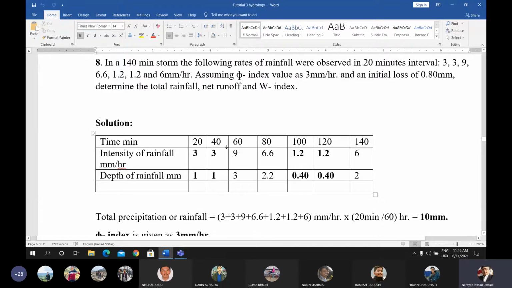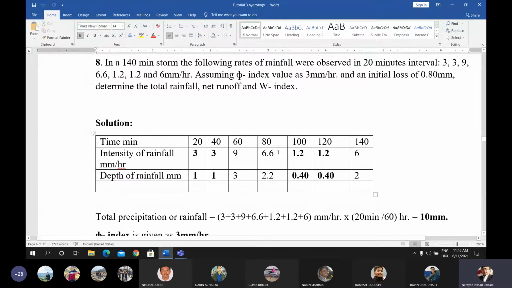Third 20 minutes is 9 into 20 divided by 60, which becomes 3 mm. Okay, and the fourth is 2.2, fifth is 2.2, sixth 0.4, seventh 0.4, and the last is 2 mm in 20 minutes, that is 6 mm per hour.